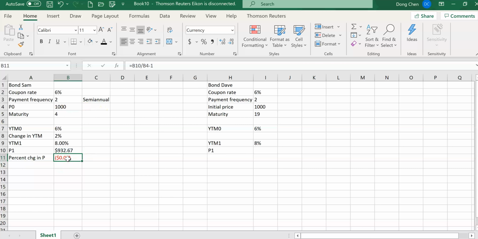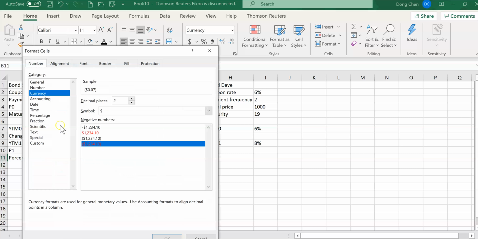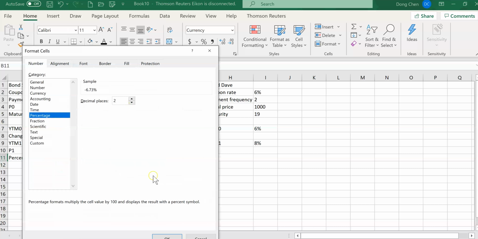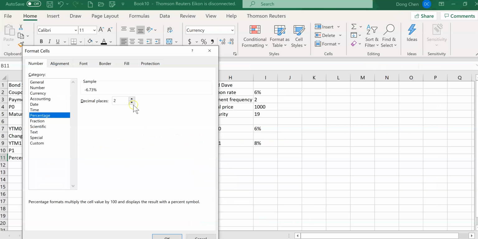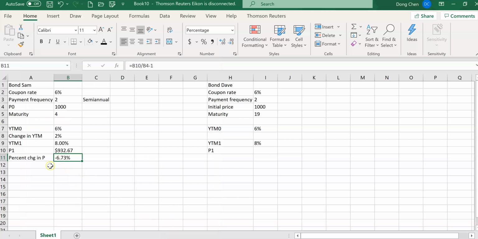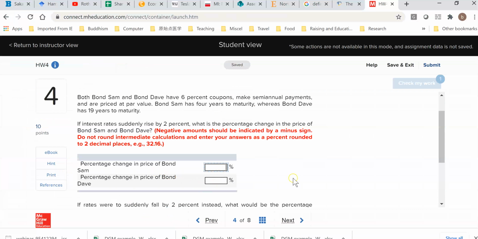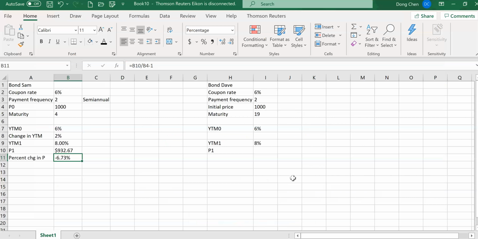And then I just need to format the cells to put this in percentage terms, and following the rounding requirement here, enter your answers as a percent rounded to 2 decimal places. So I just keep 2 decimal places here. And this will give me negative 6.73%. So I just put that number here, negative 6.73%.